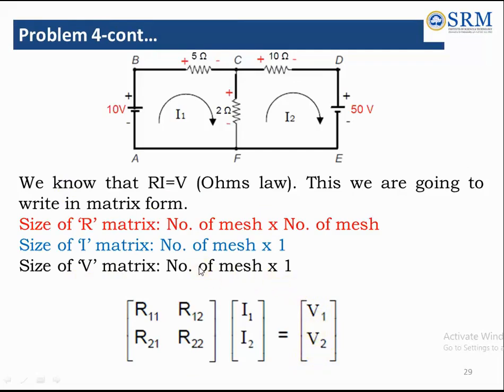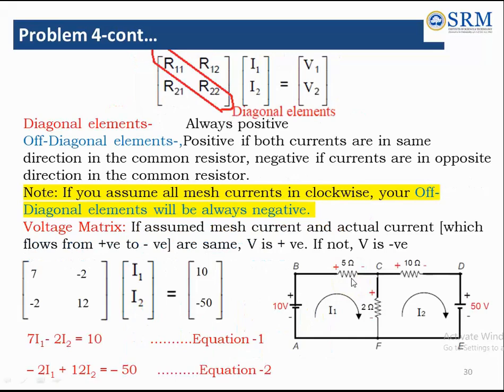If you see the circuit, there are two voltage sources. In the first voltage source, the current is entering the negative terminal, so we have to take it the opposite way, that is positive 10 volts, while here it is entering the positive terminal, so take it the other way, so minus 50.